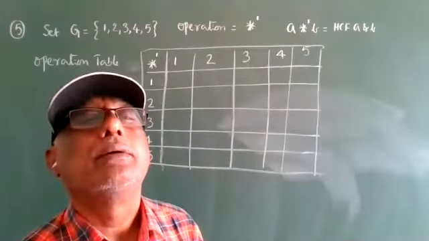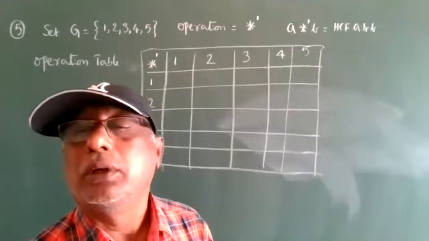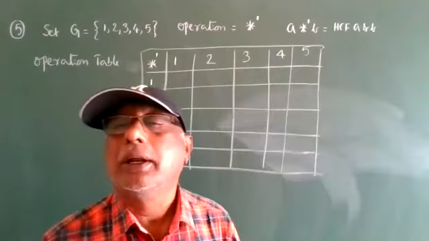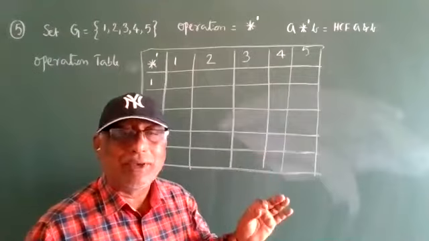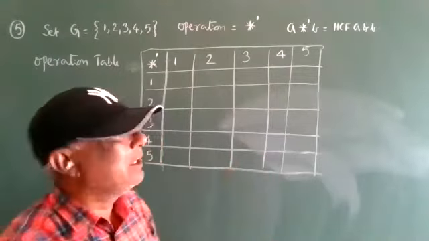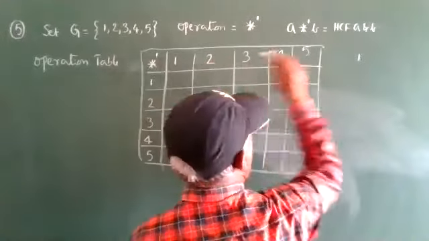Right, everyone see. Here, the HCF of 1 and 1 is 1, since 1 and 1 have the common factor 1.